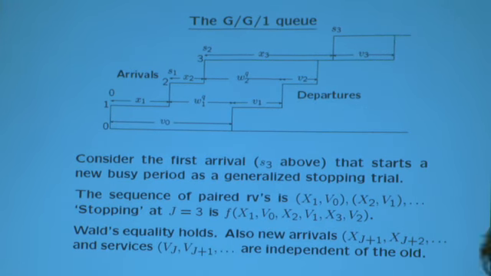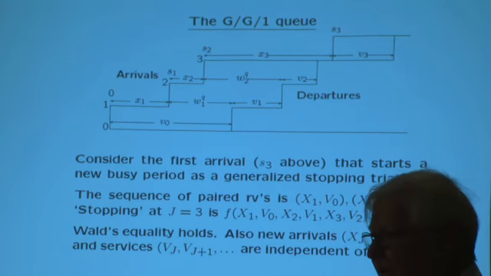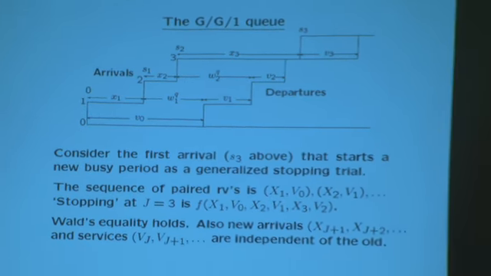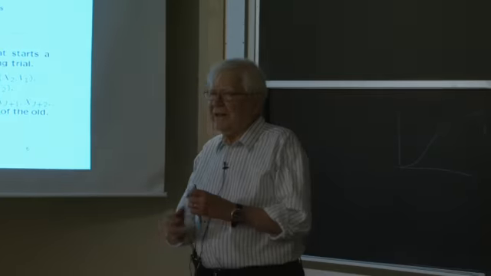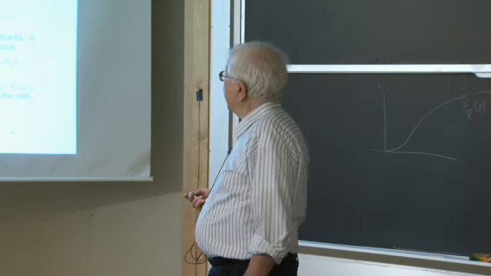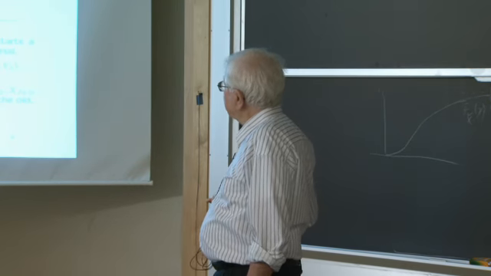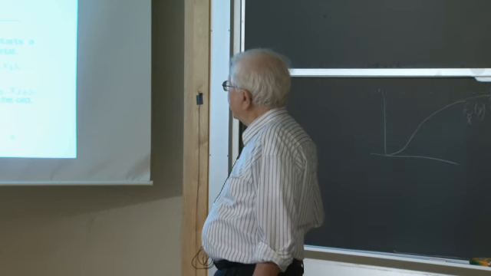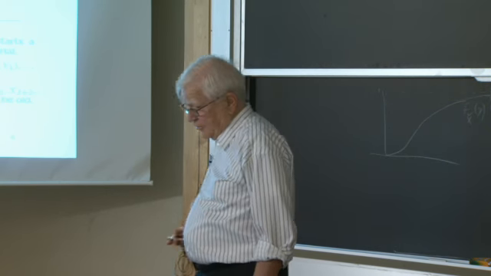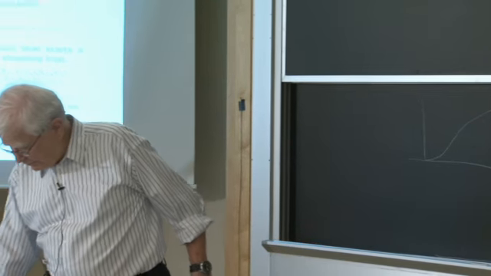So that's what's nice about this idea of stopping trials. They let you not only do Wald's equality, but they also let you actually see why it is that these arrivals that start after this point are independent of the arrivals and departures before that.